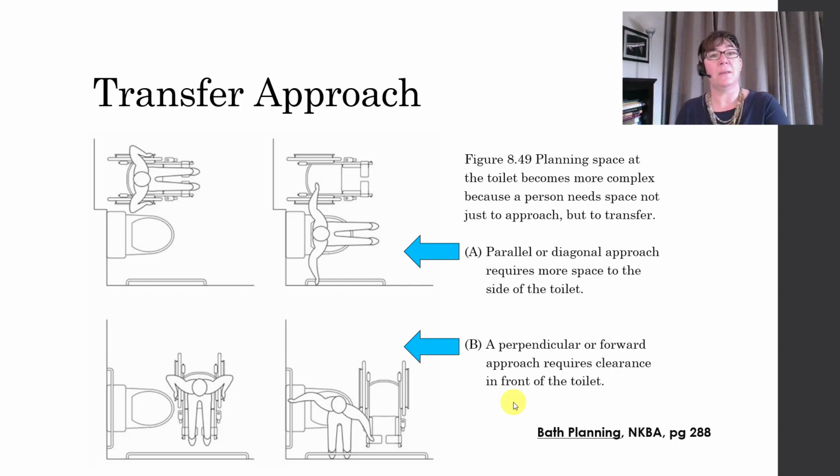It could be from the side, it could be from the front, it could be perpendicular. It really depends on their strongest method of moving from one seat to another.